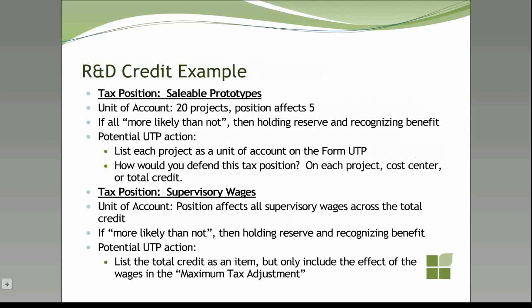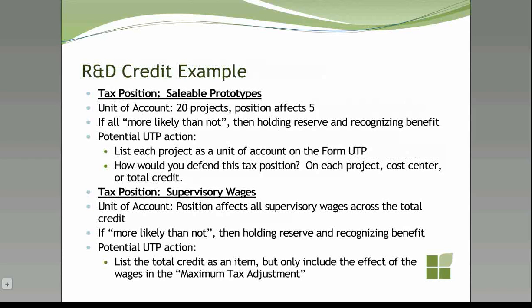Because if you walk through the thought process as if you were an IRS exam or technical advisor, you would look at the UTP and say, okay, these are the issues for the R&D tax credit. These are the ones we're going to talk about. Let's see what position they have, and let's go find dollars.